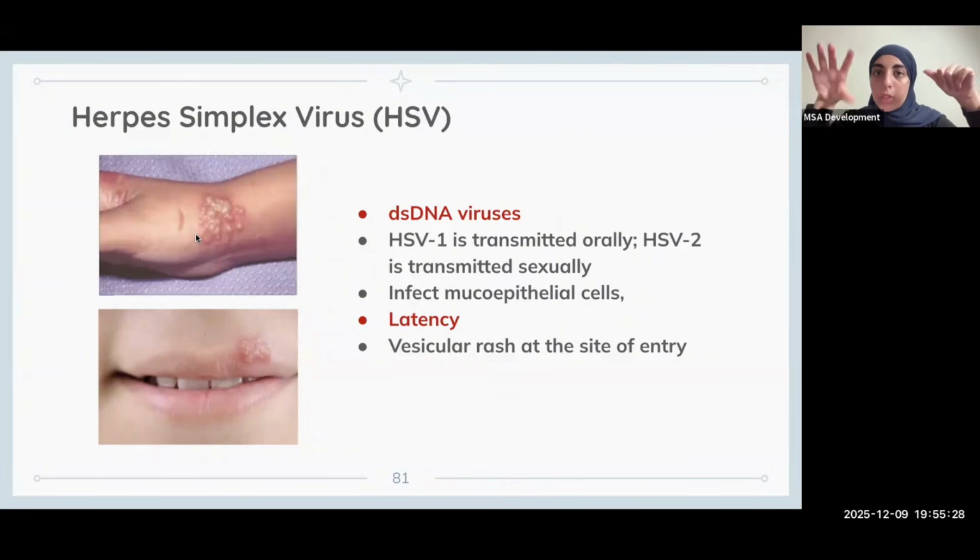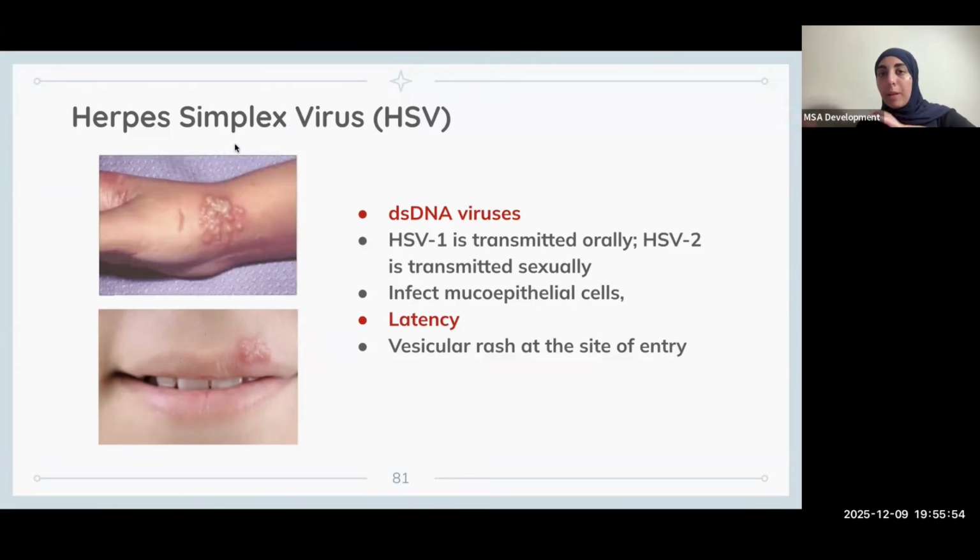One of those members of this family is herpes simplex. Another one of this herpes family is varicella zoster virus. So herpes simplex virus is a member of the herpes viruses family. Other members of the same family are varicella, as we said, CMV, EBV.